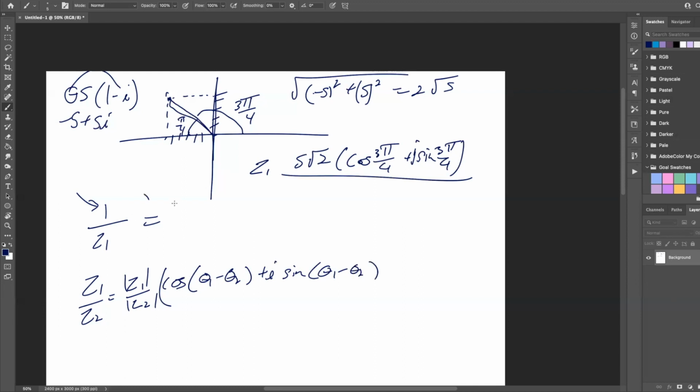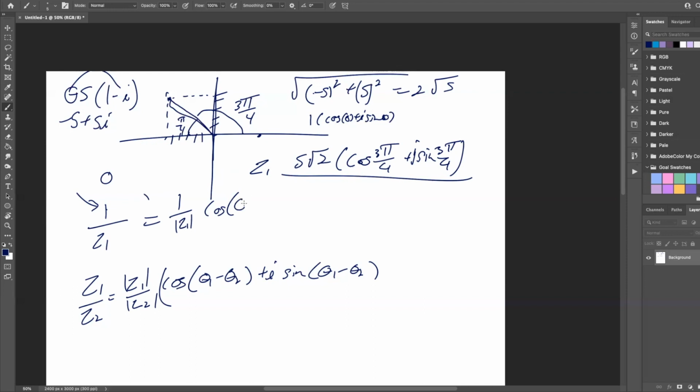Now if we have 1 over z1, it would be 1 over the magnitude of z1, and the argument for 1 is 0 because 1 in polar form is 1 cosine 0 plus i sine 0.